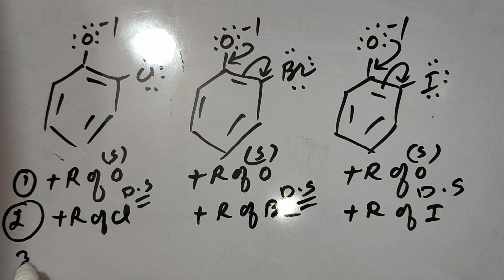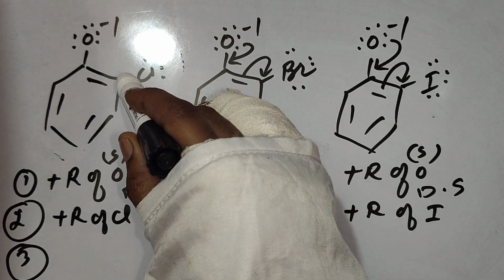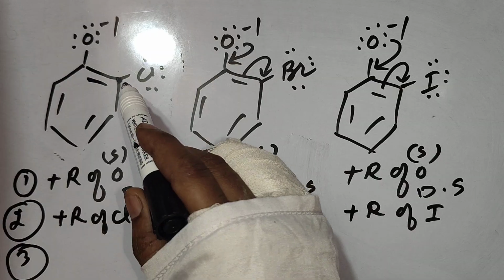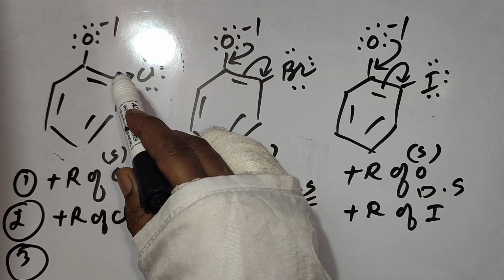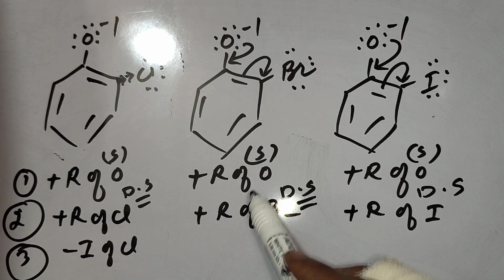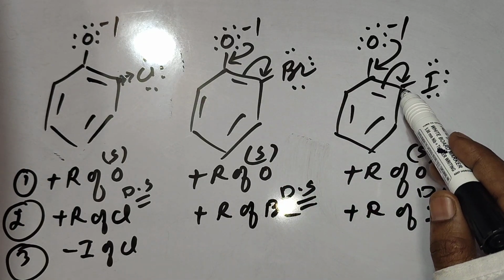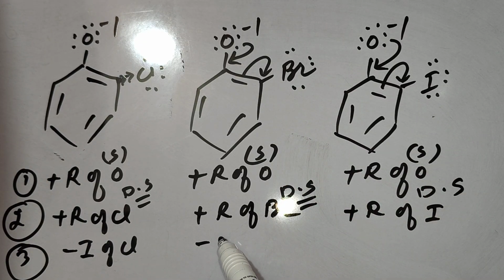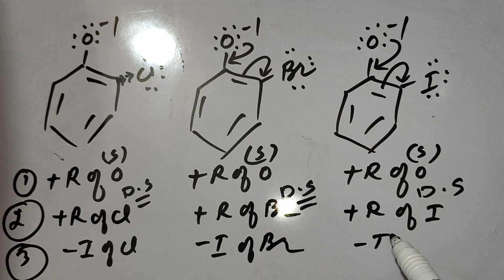Okay. Third factor. Chlorine is more electronegative than carbon, as you know. It will absorb electrons like this. Which effect is it? Minus I effect. Minus I of Cl. Bromine is more electronegative, iodine is more electronegative than carbon, so here we have minus I of Br, and here we have minus I of iodine.